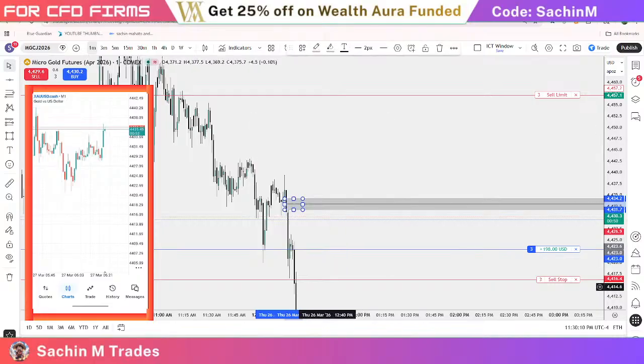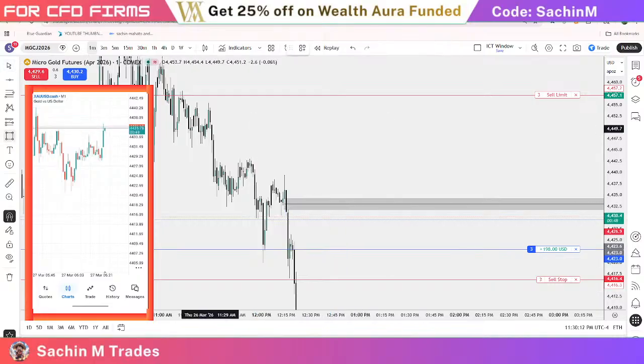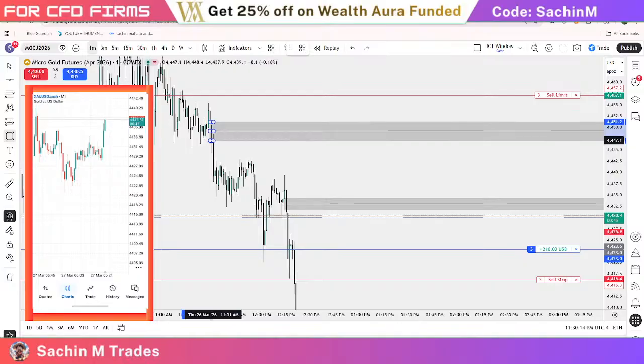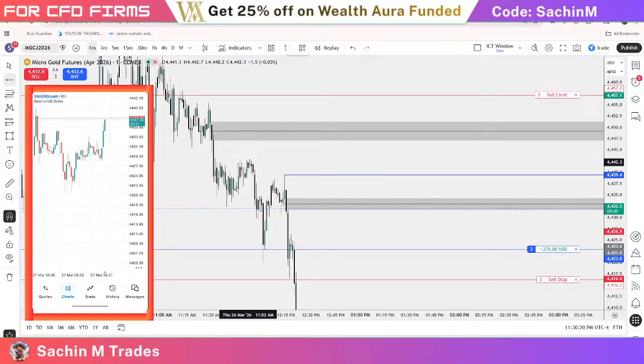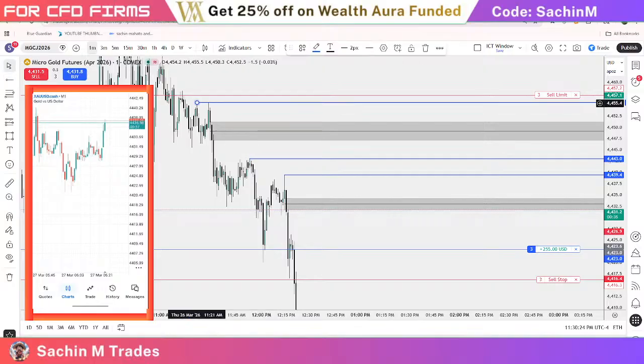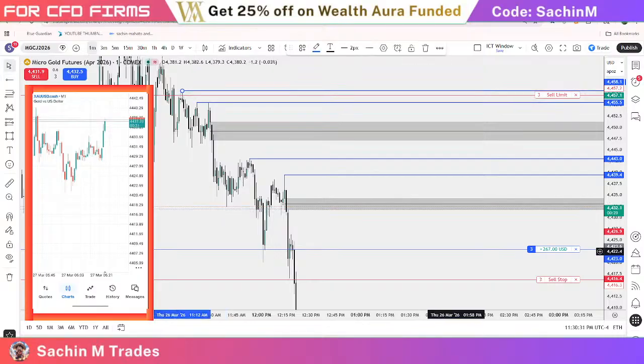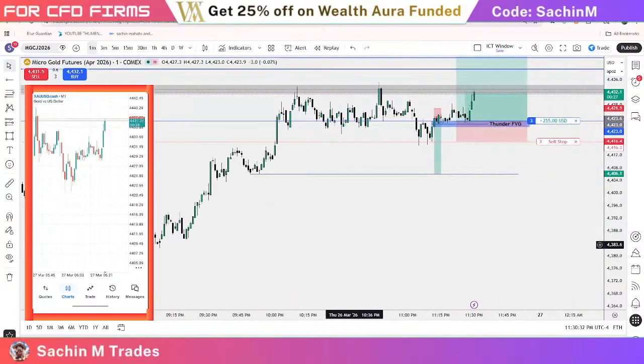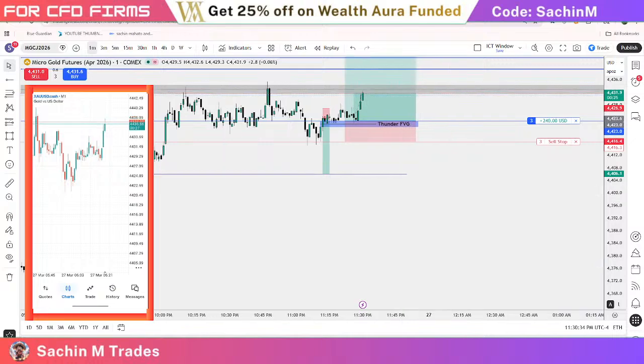Then we have this fair value gap as our enemy, and then we have these liquidities. We have this liquidity, this liquidity, this major liquidity, and some liquidities above our target as well. So let's see how the market will go.